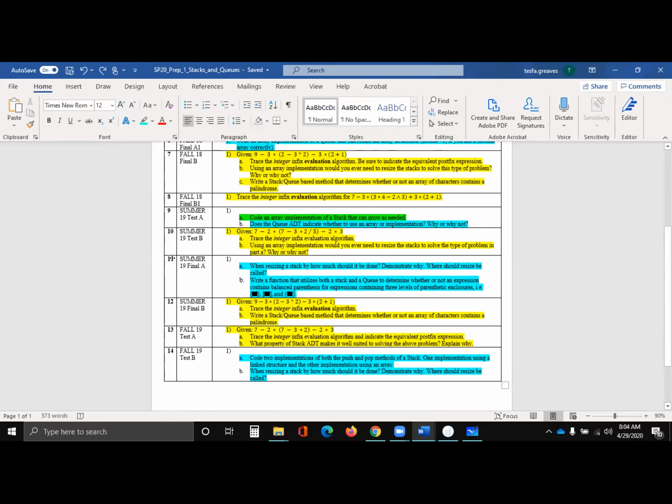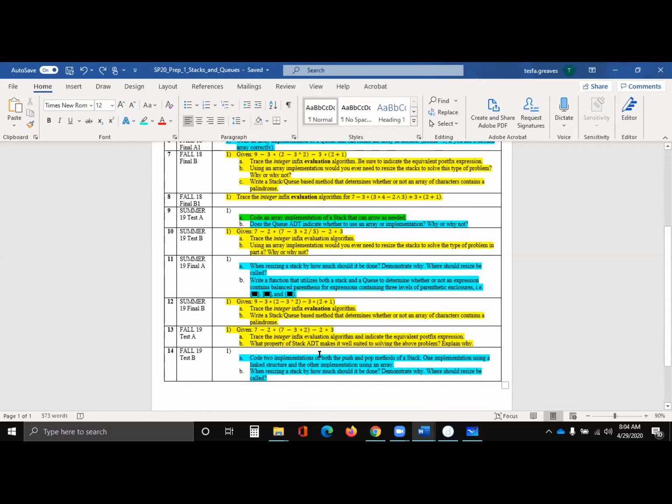For example, this was the summer 19 final A. This was related to a Q in some type of way, shape, form, or fashion. Sometimes it has stats. Just know that the blue is Qs, and I did it like that for a reason because they could be answered together. So I started at the blue.